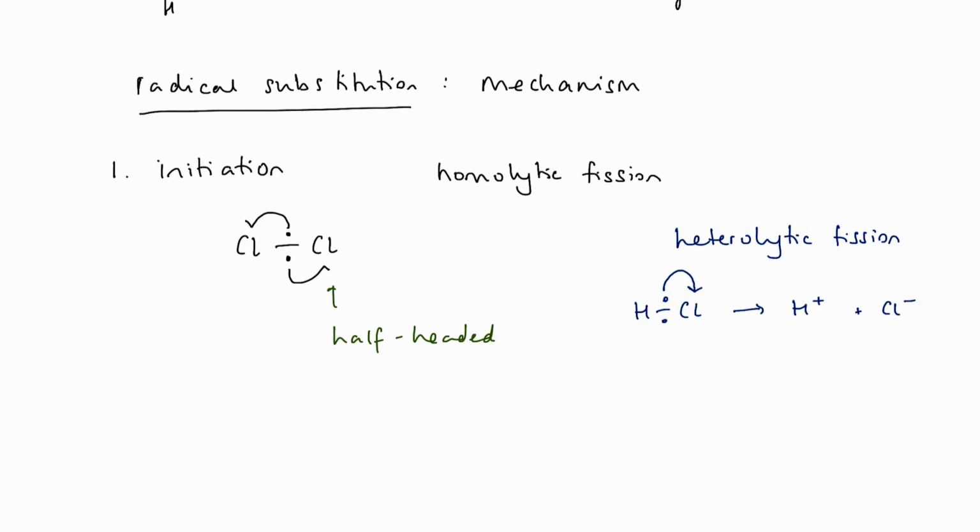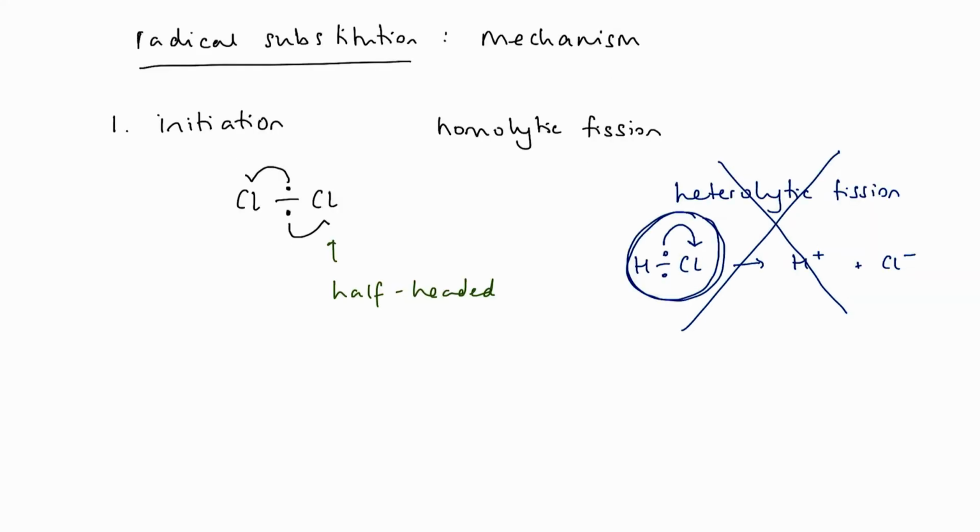So in heterolytic fission we have a double-headed arrow to show the movement of a pair of electrons, and both electrons are moving to one of the atoms. However, that's not what's happening here.